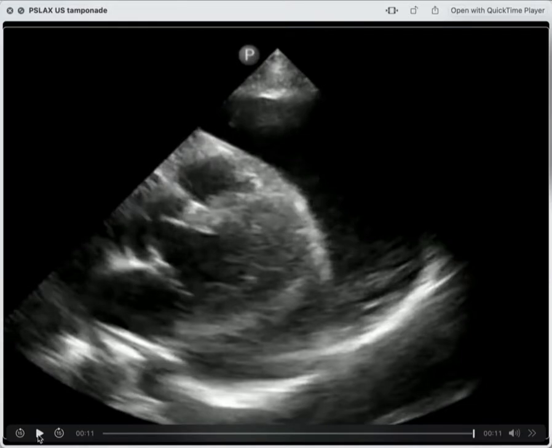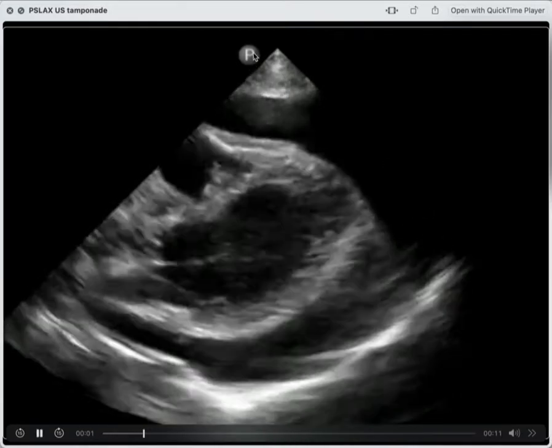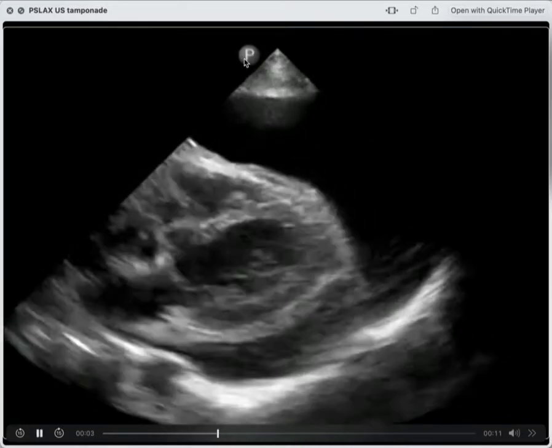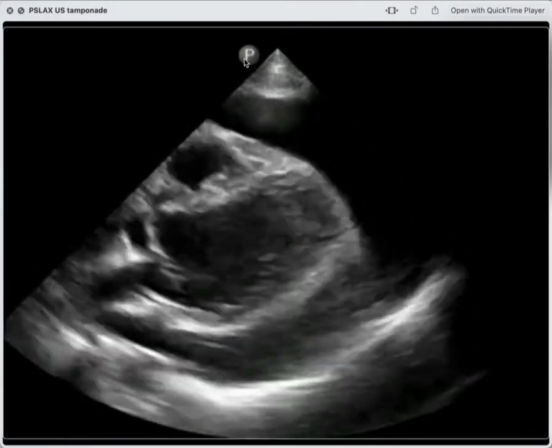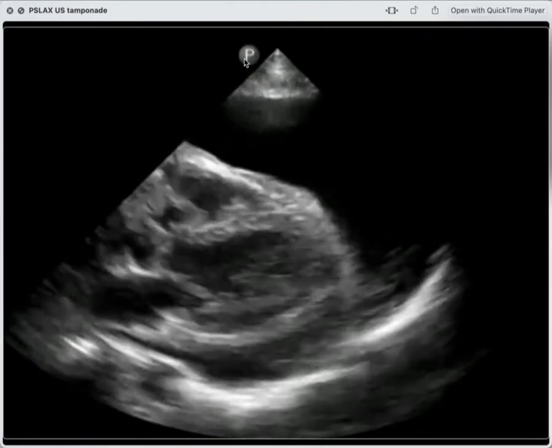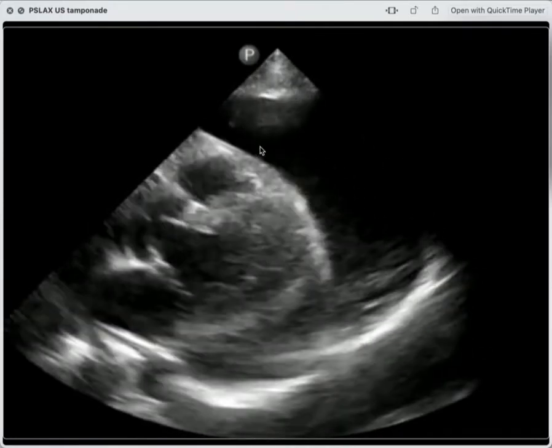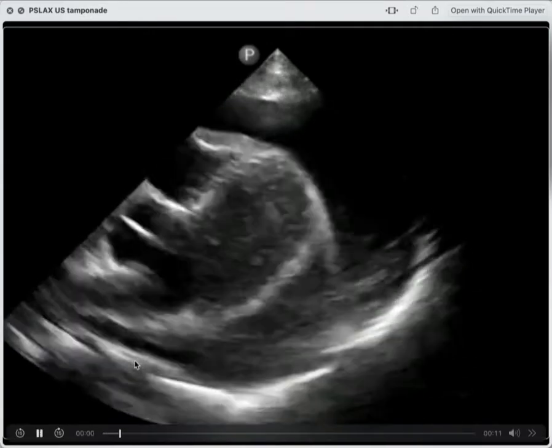But if you have it set up over here, you have to have the probe indicator down towards the patient's left hip. And it appears that they kept this probe indicator towards the patient's right shoulder, which would be appropriate if the indicator was here on the left-hand side. So basically the heart is just flipped around and is kind of pointing in the right direction.